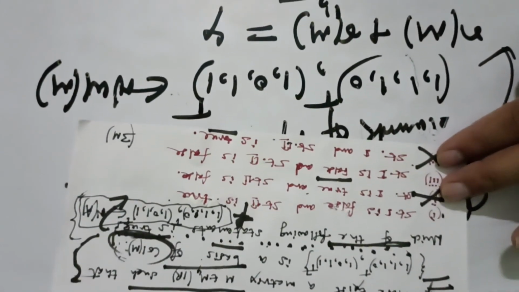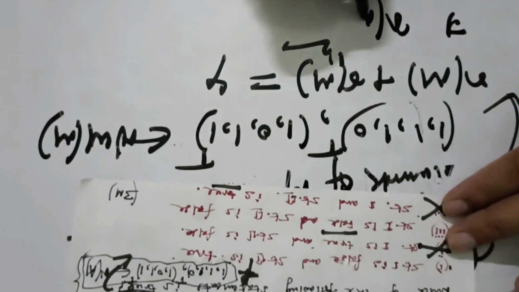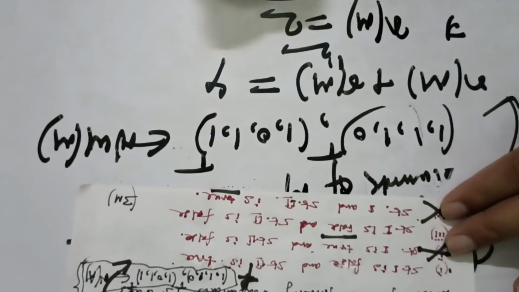Since rank is 2, nullity M is 4 minus 2, which is 2.